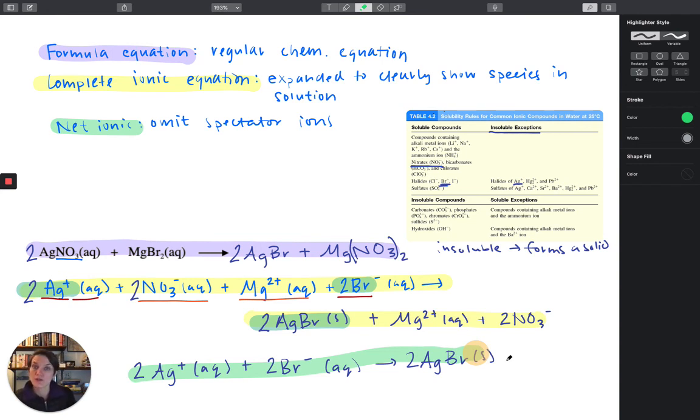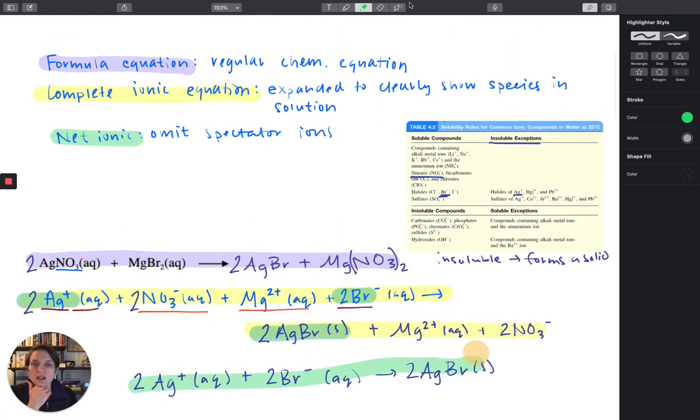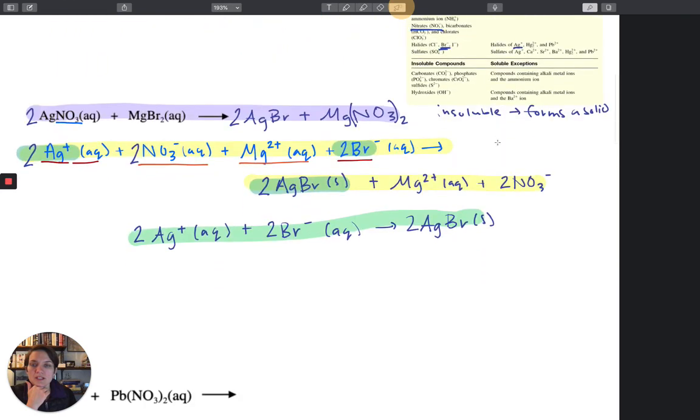Okay, so those are the 3 kinds of chemical reactions that you'll be expected to write. We'll do another example of just finding those pairs and assigning solubility rules, and then we'll move on to some stoichiometry with our precipitation reactions. So let me just get rid of this.